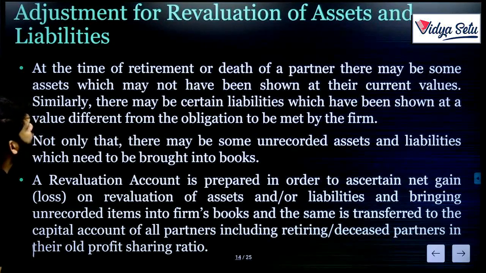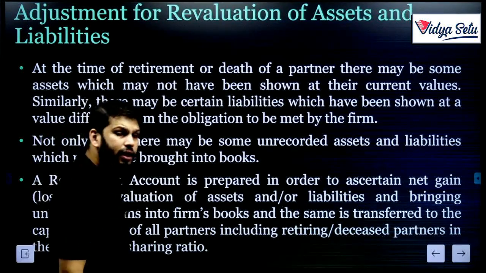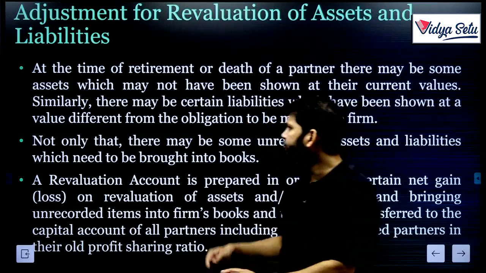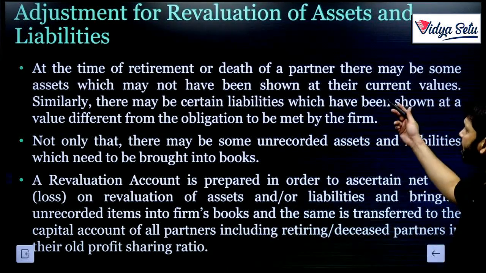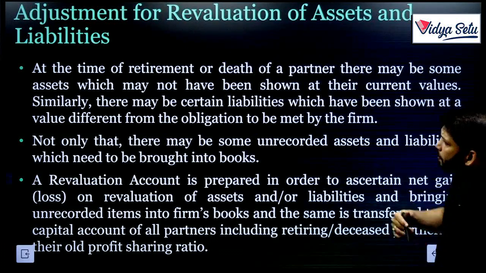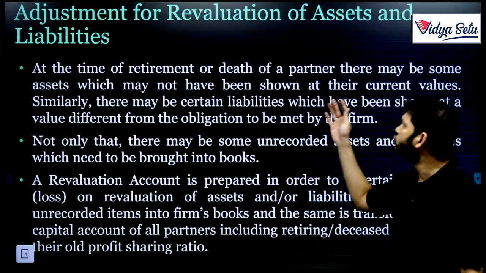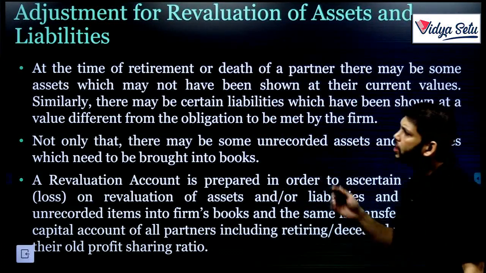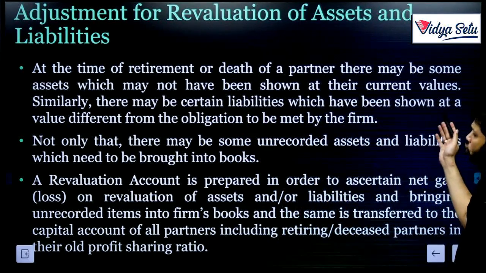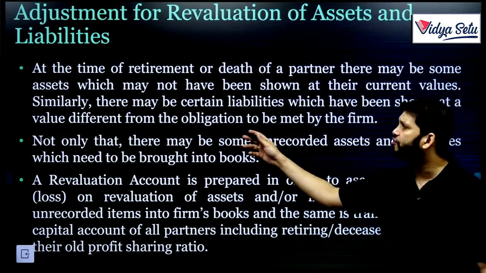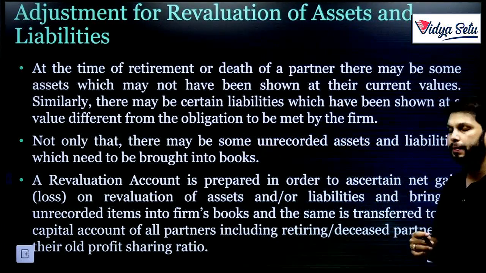Adjustment for revaluation of assets and liabilities. Let's see, we already know this. So at the time of retirement or death of a partner, there may be some assets which may not have been shown at their current values. Similarly, there may be certain liabilities which have been shown at a value different from the obligation to be met by the firm.